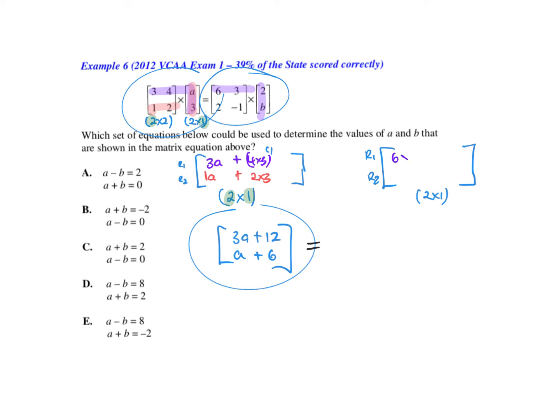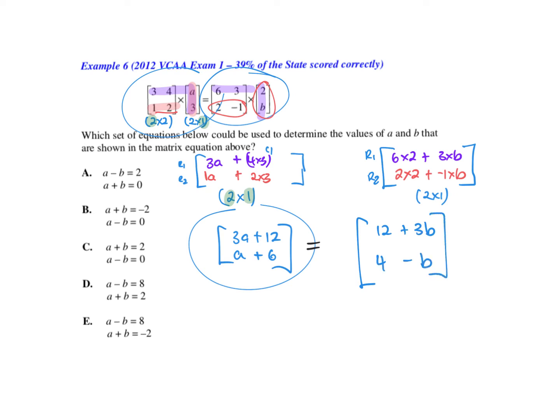We're going to have 6 times 2 plus 3 times b, and then in the second row, we're going to have 2 times 2 plus -1 times b. If I tidy that up, that would be 12 plus 3b, and then 4 minus b.